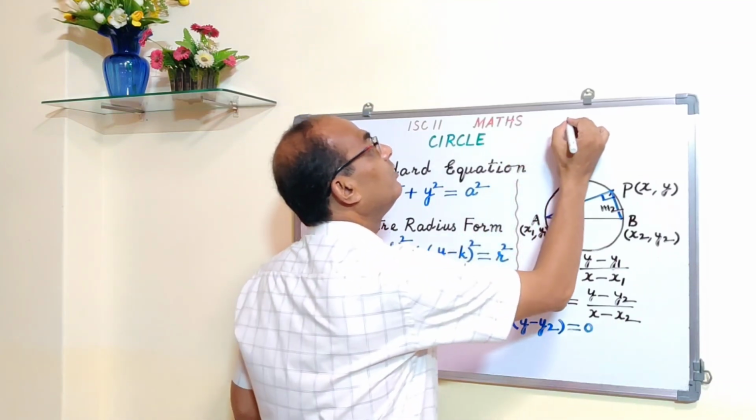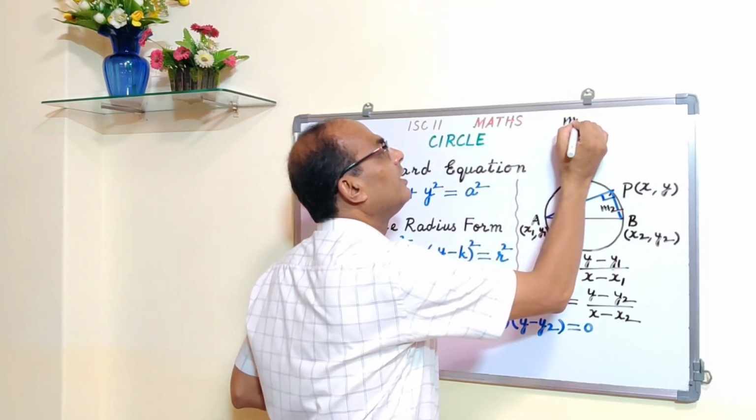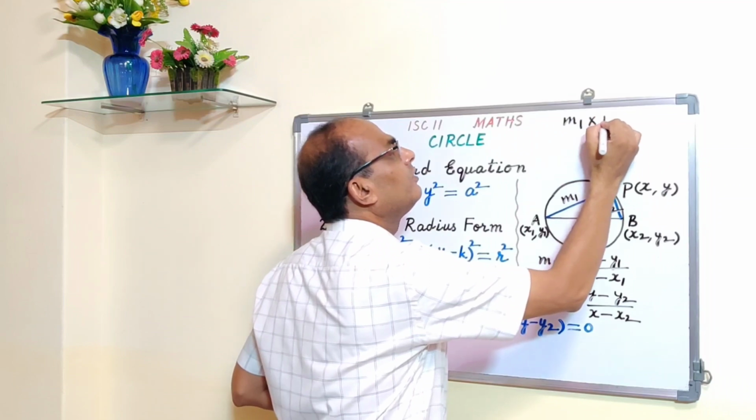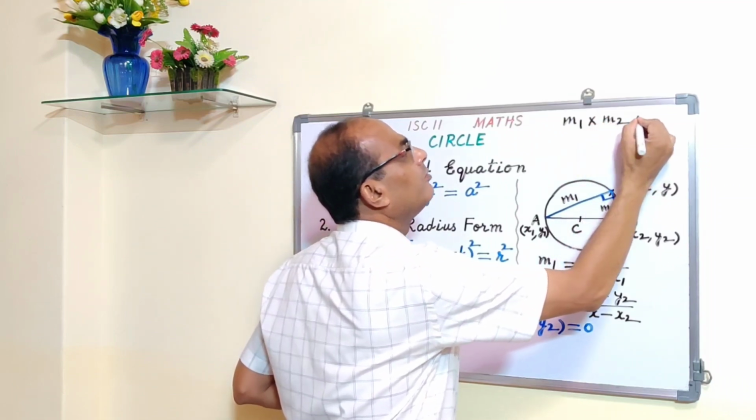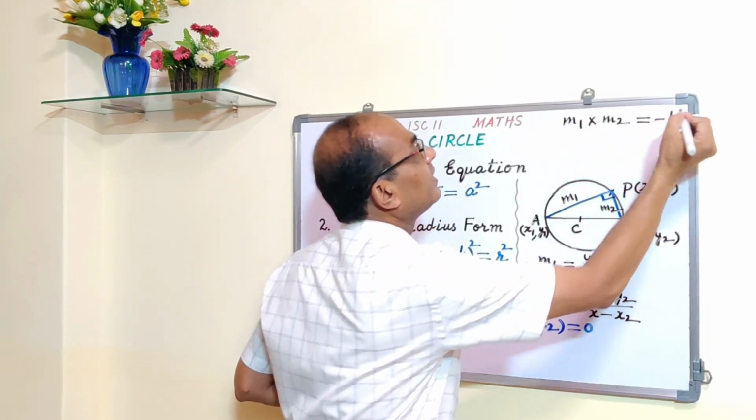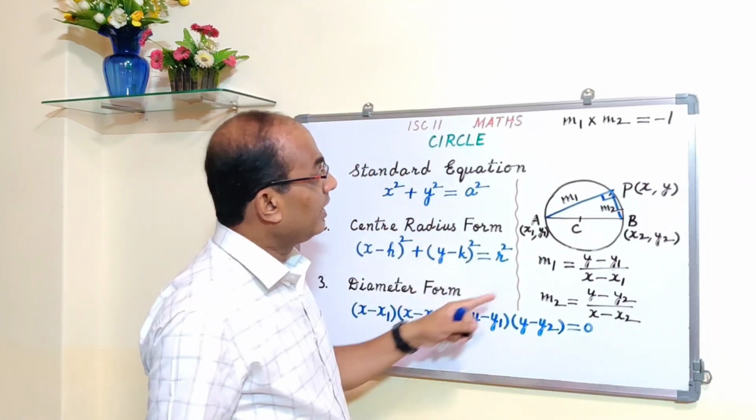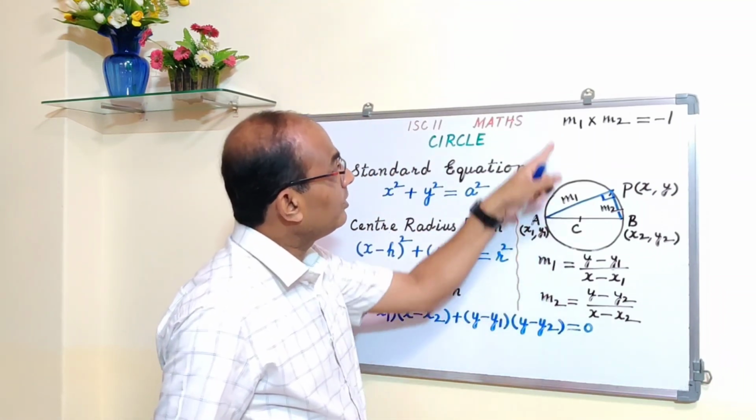Alright. Now m1 into m2 is equal to minus 1 because the lines are perpendicular to each other. Is that fine? m1 into m2 is equal to minus 1. We substitute this m1, this m2 here.